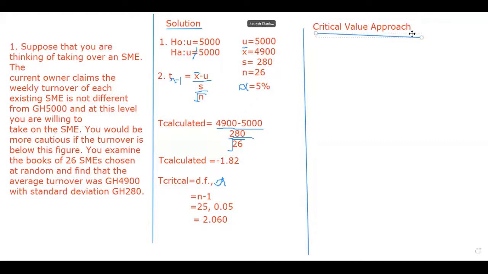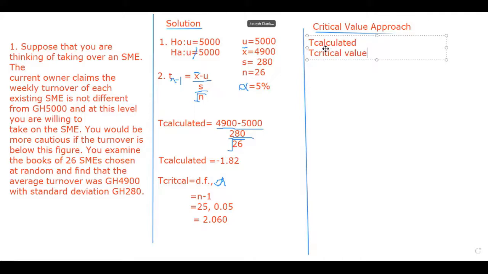Okay, so with the critical value approach, I gave you the decision rule. I said we are going to compare T calculated and what? T critical. T computed is T calculated.